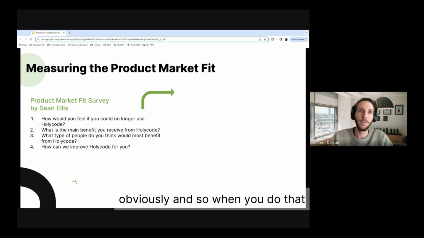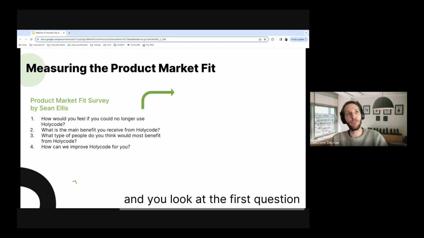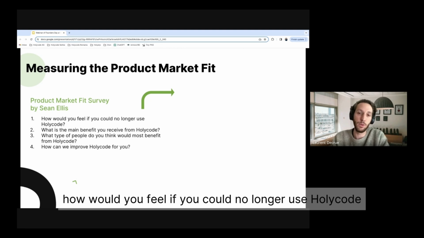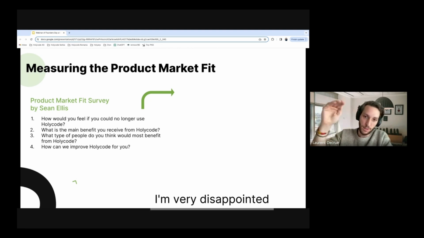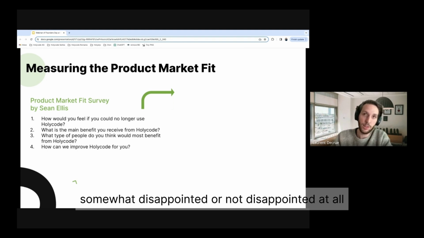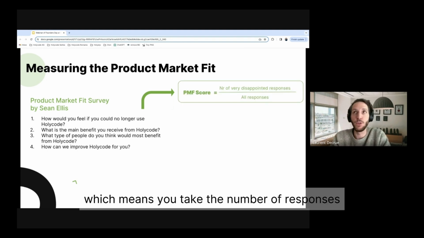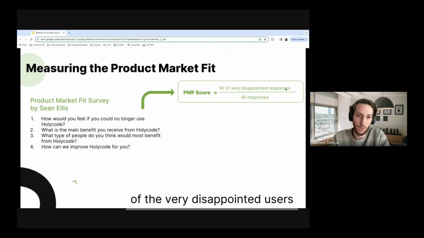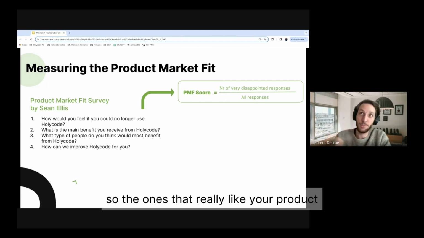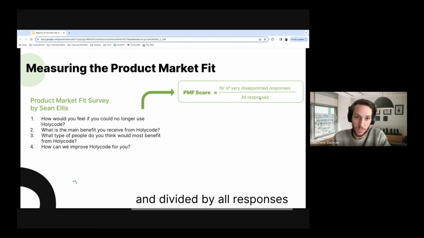So when you do that and you look at the first question, how would you feel if you could no longer use Holycode? Very disappointed, somewhat disappointed, or not disappointed at all. This will give you the product market fit score, which means you take the number of responses of the very disappointed users, so the ones that really like a product, and divide it by all responses.